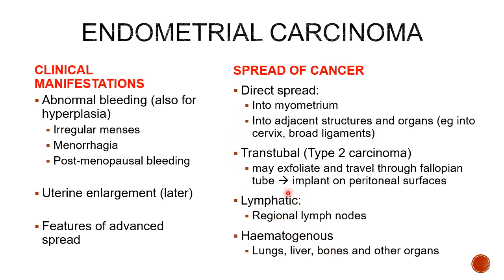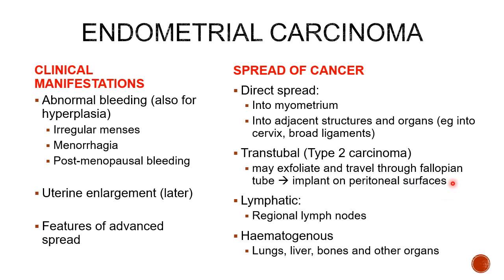Another interesting way of spread of cancer in endometrial carcinoma is transtubal spread. But this applies only to type 2 carcinoma because serous epithelial tumors can exfoliate, so they fall off into the uterine cavity, the endometrial cavity, and then the malignant cells travel through the fallopian tube out through the fimbrial end, and they can implant on peritoneal surfaces.